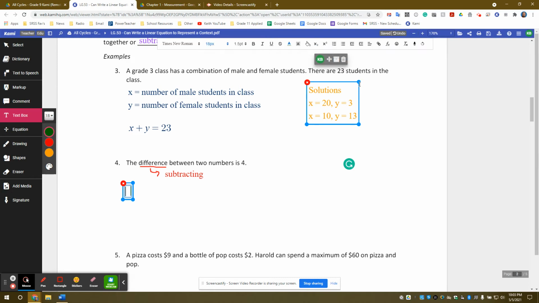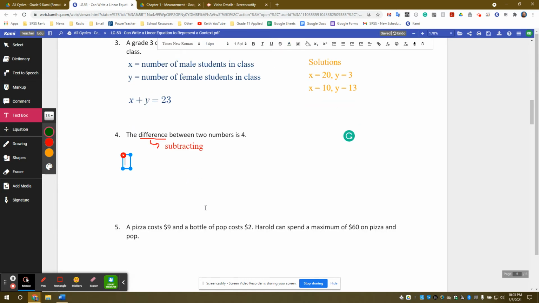So we're going to define our variables this way. x is equal to the original number, or the first number, and y is equal to the second number.